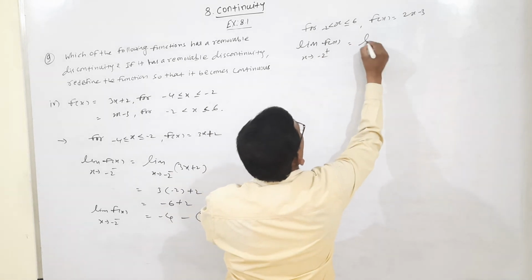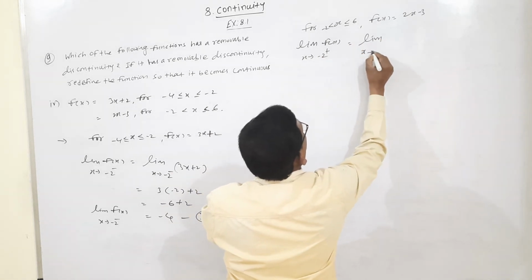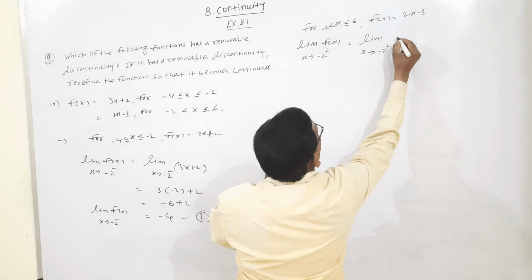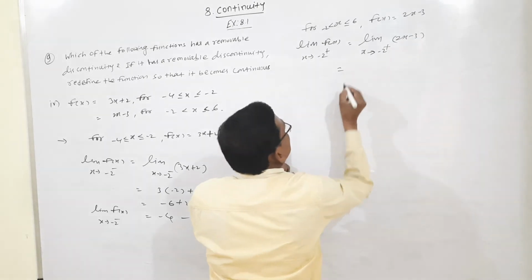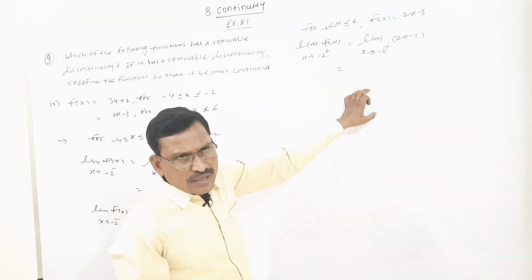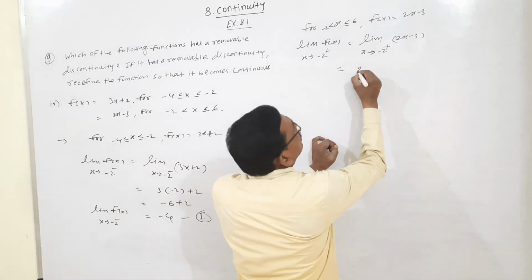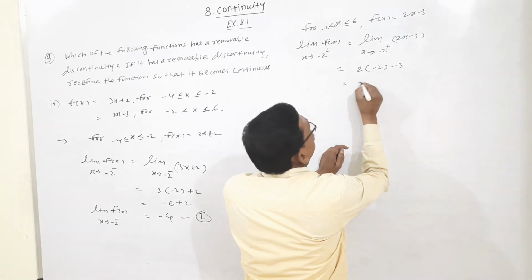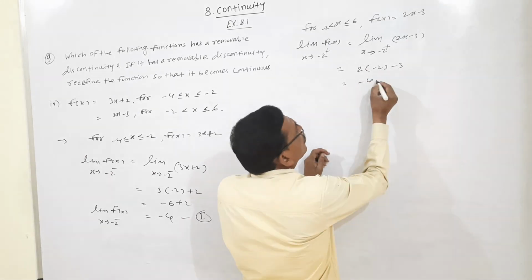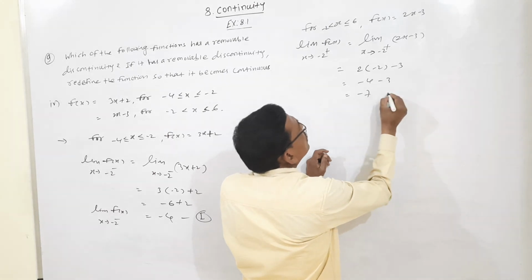There is no simplification, so I apply the limit directly. 2 into minus 2 minus 3, so minus 4 minus 3, it is minus 7.